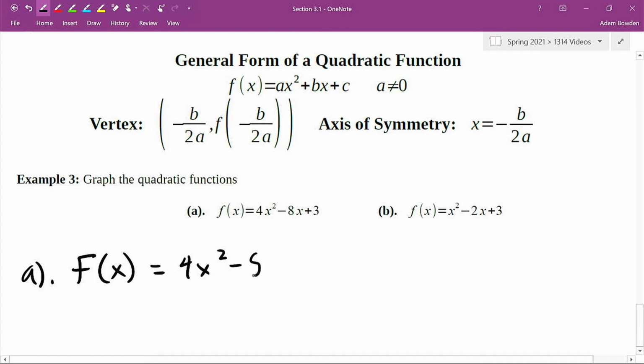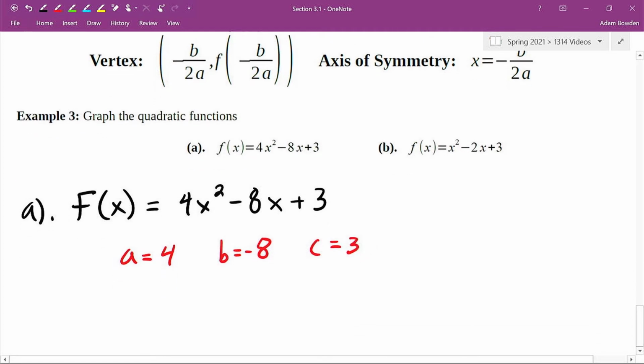Here we're going to look at -4x squared minus 8x plus 3. And how we figure out this one, first off, I'd like to identify what a, b, and c are. In this case, a is 4, b is -8, and c is 3. So first things first, we can actually tell if this thing is opening up or down.